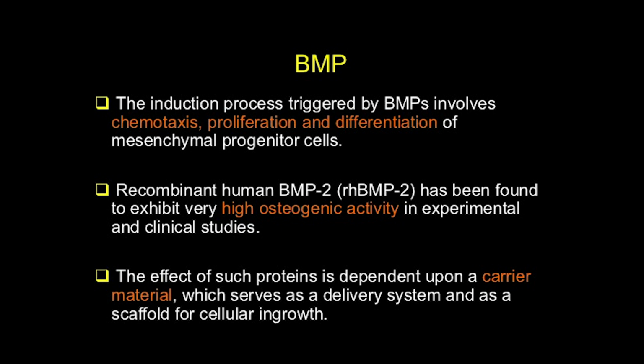The effect of such proteins is dependent upon the carrier material, which serves as a delivery system and as a scaffold for cellular ingrowth. So it is very important, but it's very expensive, and the vehicle to carry it is sometimes difficult to maintain.